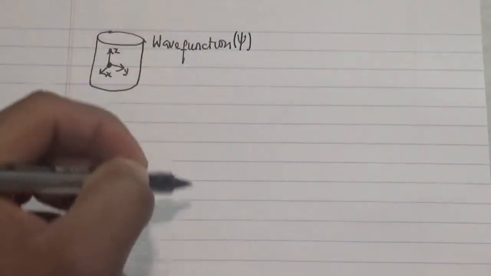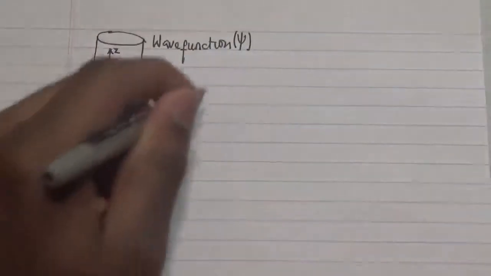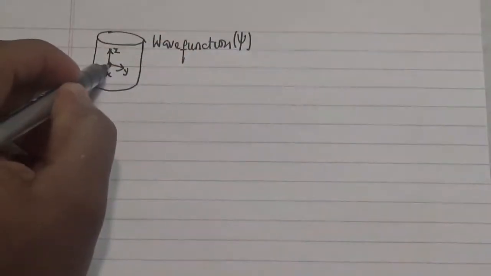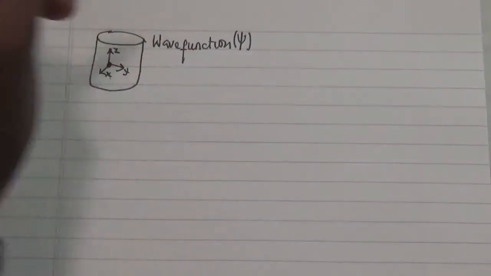To describe it, we introduce various postulates, and those postulates involve symbols that we are familiar with, for example a wave function. This wave function, expressed as this symbol, is crucial because it depends on the coordinates of the particle, which are x, y, z alongside time.